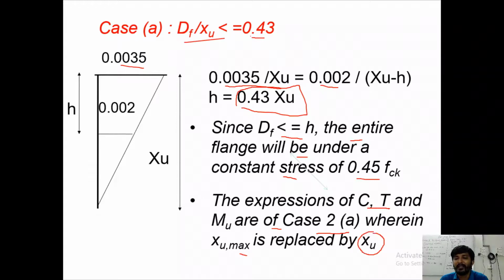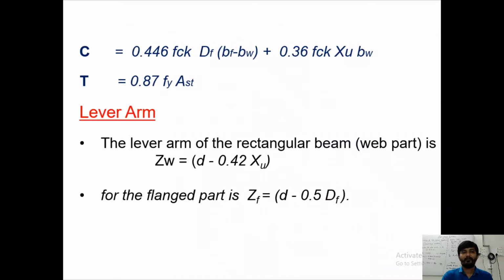So whatever equations we got in the case 2 part A, same equations we can use by replacing XU max with XU. So these are the equations. C is equal to 0.446 FCK, DF into (BF minus BW), plus 0.36 FCK, XU into BW, right? So it is replaced by XU here.